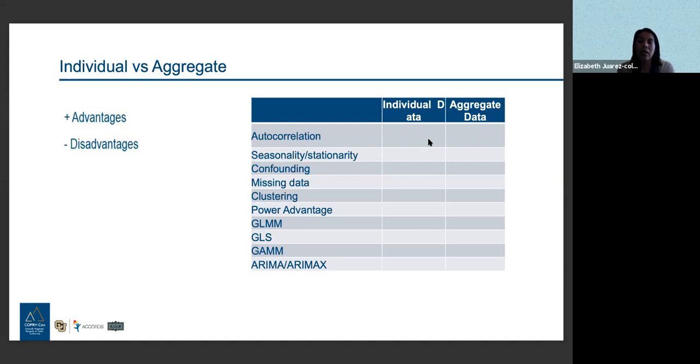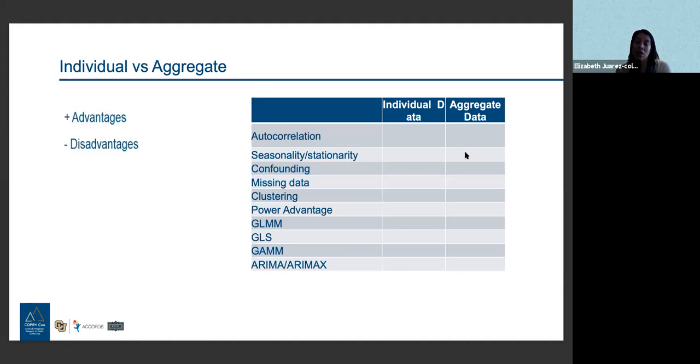In individual data, often you use different individuals, so there is no need to worry about breaking the independence assumption of linear regression. So we would say that you definitely need to consider autocorrelation here. So we were thinking about that as a disadvantage. So we would put a minus in here, but another way of saying this is just something that needs to be addressed in this case.